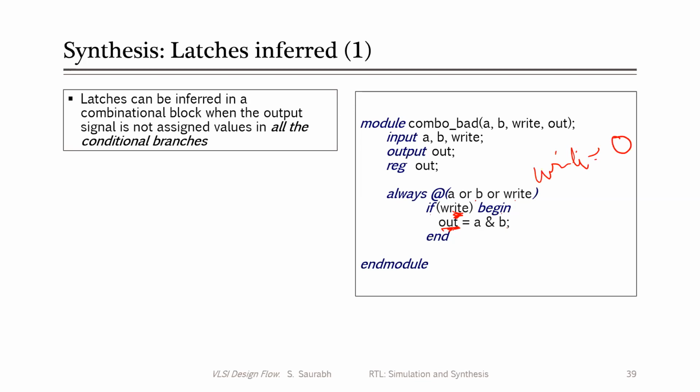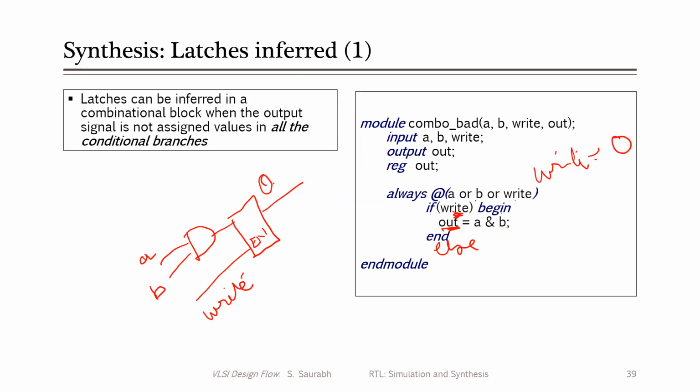But it may happen that we miss the else condition, and that's why this will be inferred as a latch, right? So if we don't write the else condition, if we write the code as it is, then it will be synthesized to a latch in which you have enable here, right? And here you will have write. Whenever write is equal to 1, then you are getting a value of A and B.